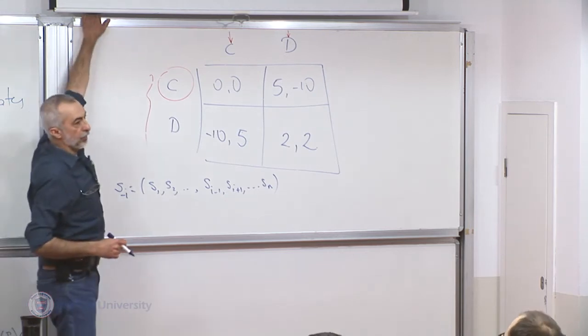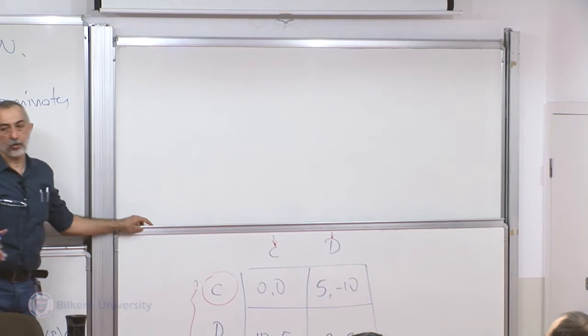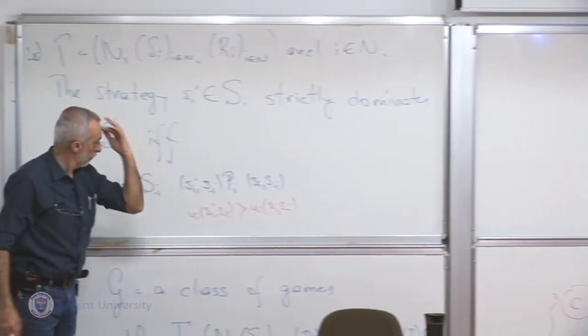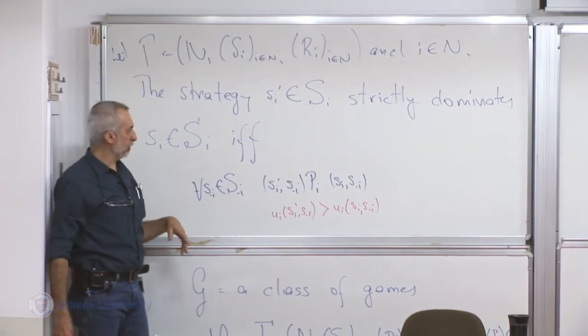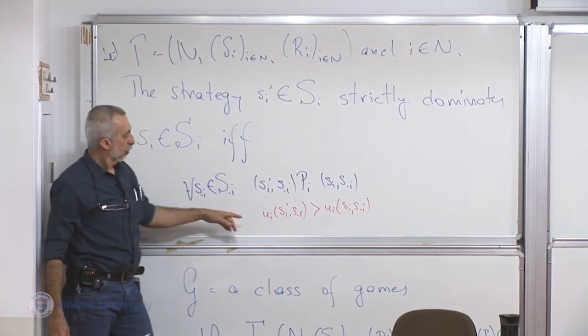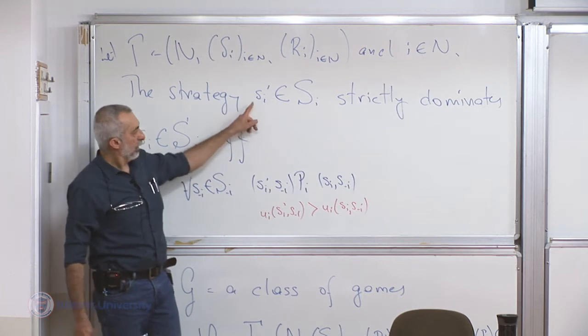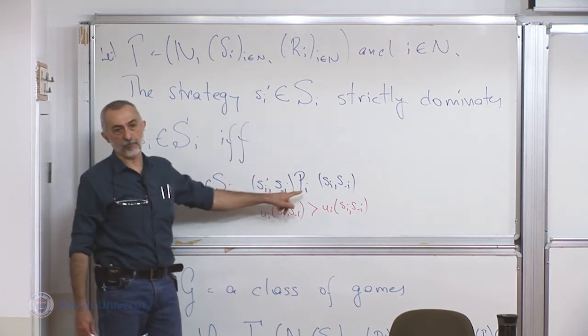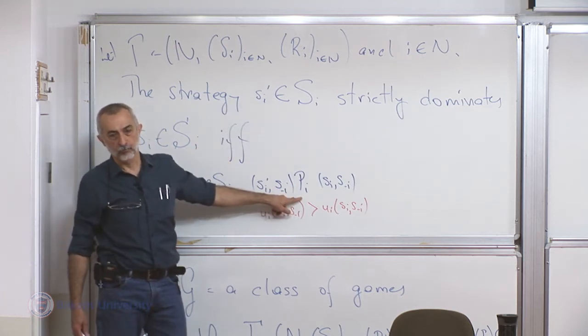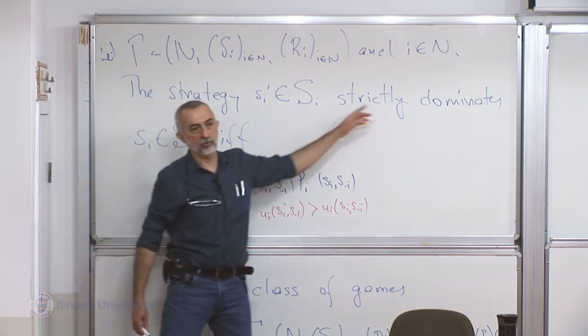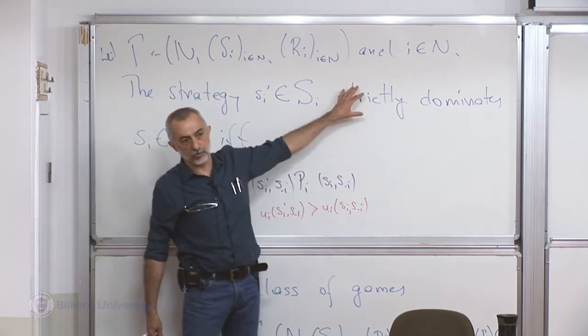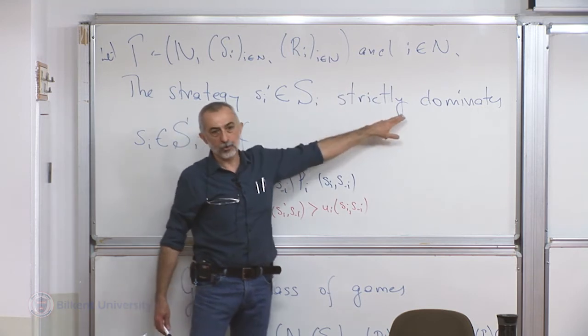So, by the way, just a word of warning. Some books, some papers, some game theorists call this domination. So they define it as Si prime dominates Si if this condition holds. Some call this strict domination, some call it domination. This is what we're going to use.